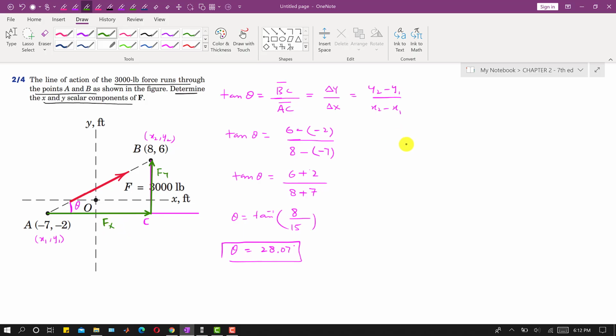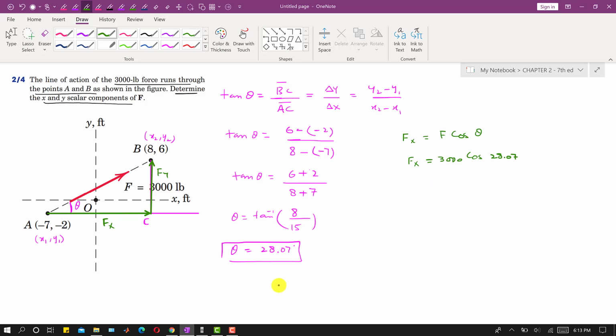So I can write directly that Fx is F cos theta, right? F magnitude is 3000 pound, so I will write 3000 cos of this angle, which is 28.07, right? This is Fx.